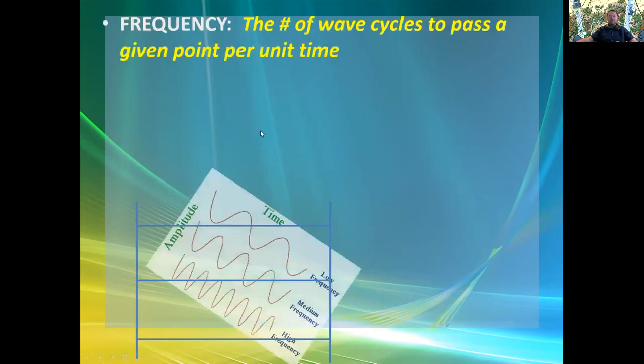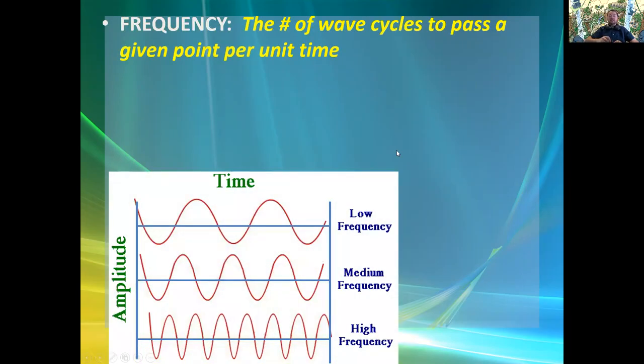But for physics and for waves, frequency is how often waves occur in a unit time, or how many wave cycles happen per unit time. Wave cycles is just simply how many waves you have. On the picture that you see, you have roughly 2.75 waves there.